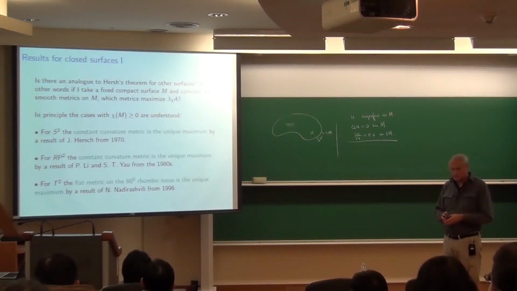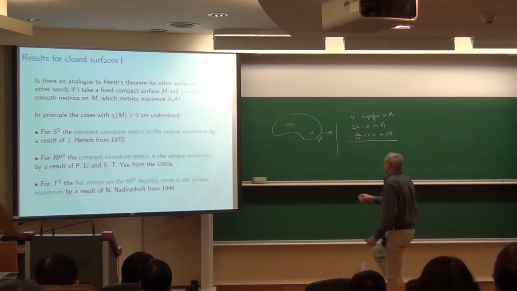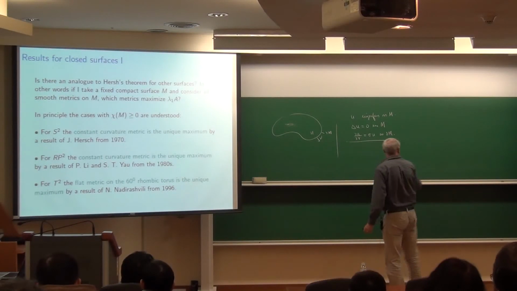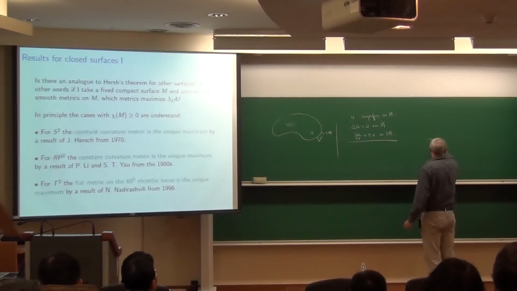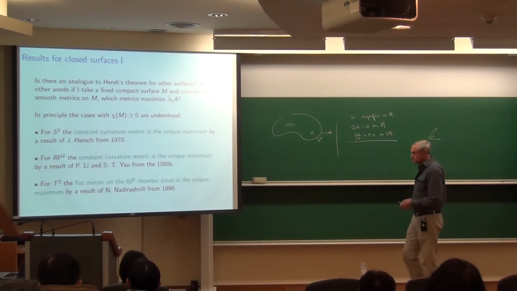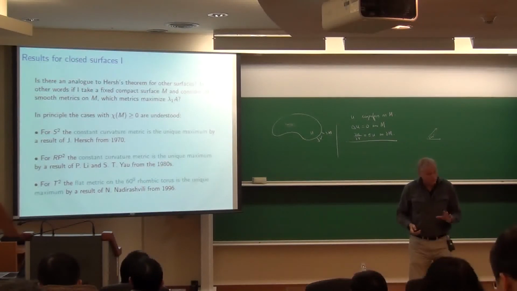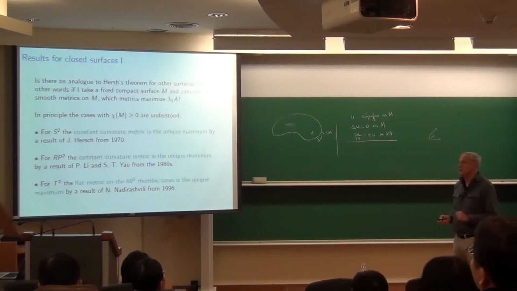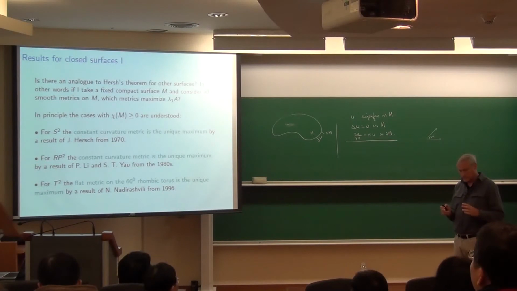So it turns out the answer again is a constant curvature metric. It's a constant curvature metric on a 60-degree equilateral torus. So it's sort of the most symmetric torus, with generators of equal length. So in particular, it's not the Clifford torus. The Clifford torus is a critical point for the problem, but it's not the maximum.